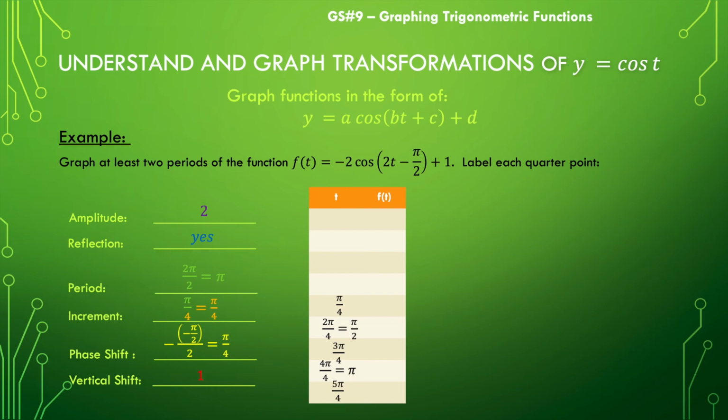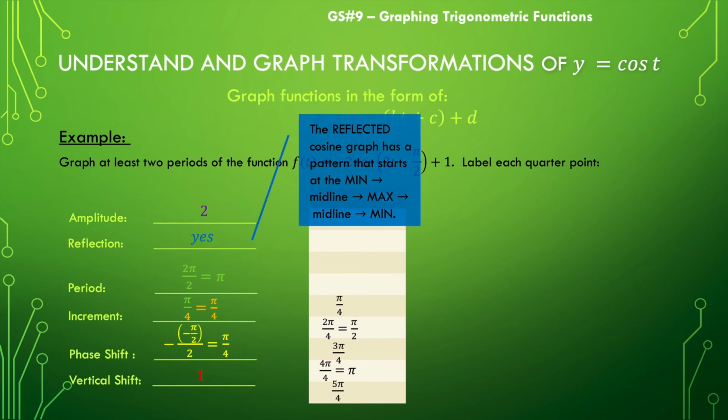Now, let's remember what's going on with our cosine function. Our reflected cosine function is going to start, instead of at the max, at the minimum. It goes from the minimum to the middle, then up to the max, then back down to the middle, and then back down to the minimum.